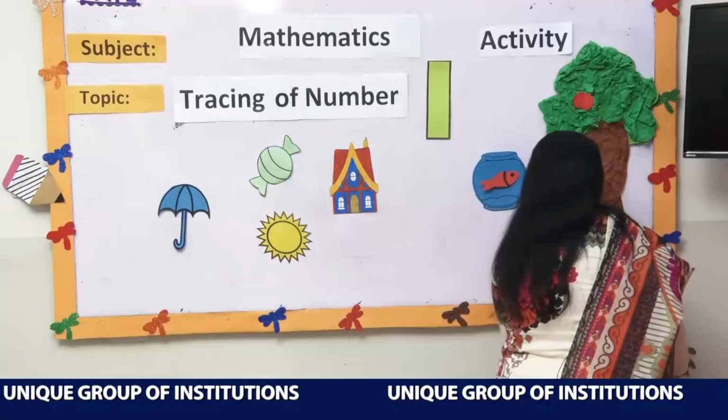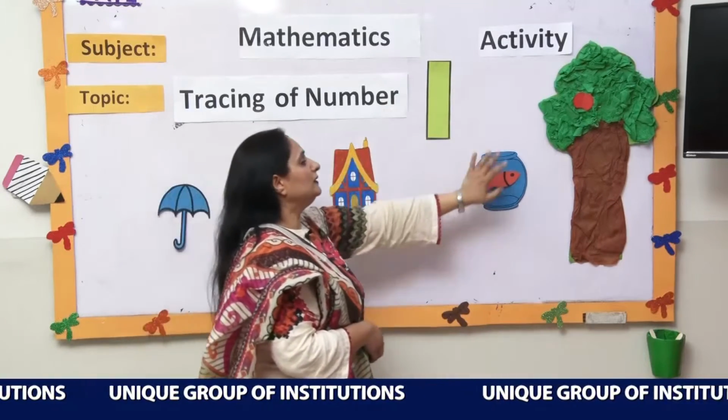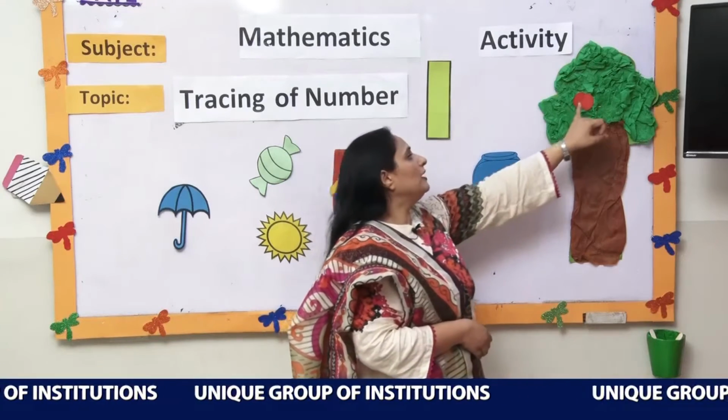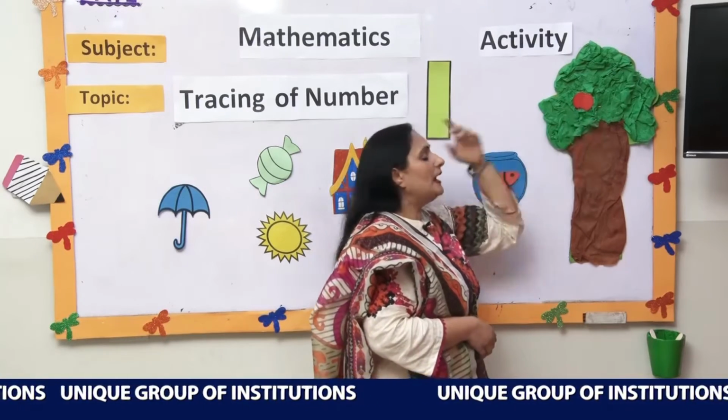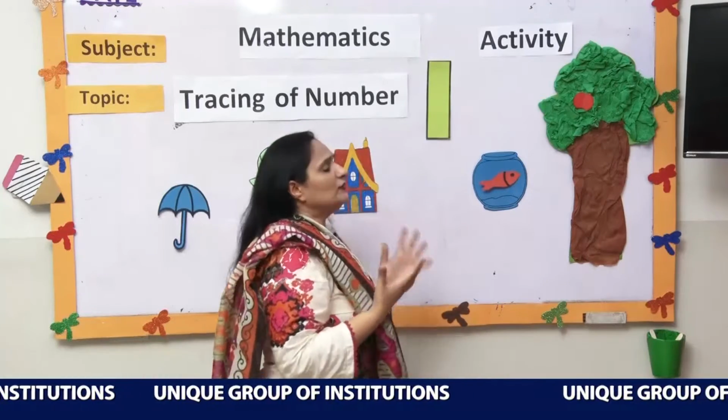So which number have we learned today? Number 1. We have done the activity of number 1. We have pasted one fish in the fish pot, one apple on the tree, and we have one stick in the box. These are very easy activities.